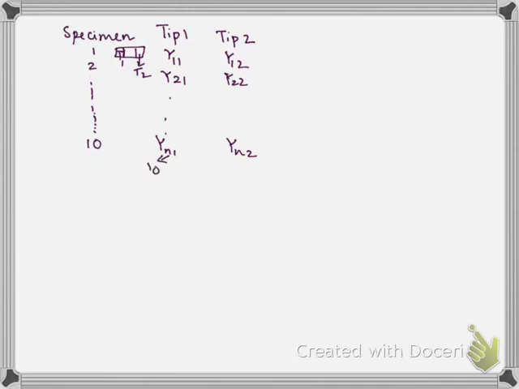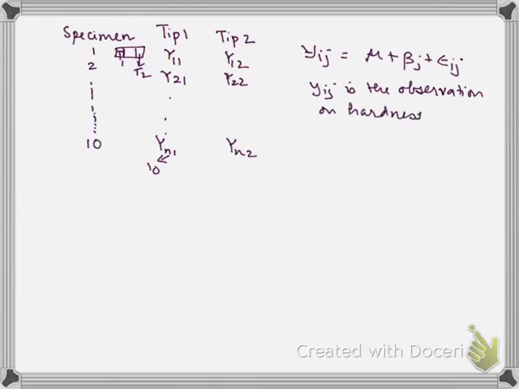And this is what is called matched pair design. There is a t-test for difference in means that you can use, or you can write the statistical model as yij equal to mu i plus beta j plus epsilon ij, where yij is the observation on hardness for tip i on specimen j.